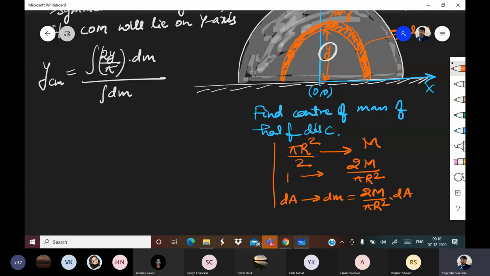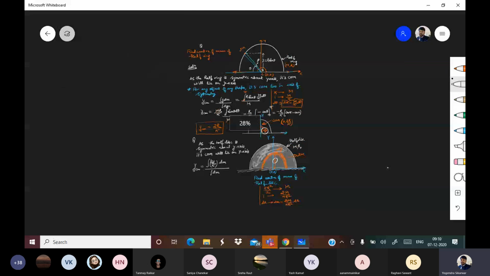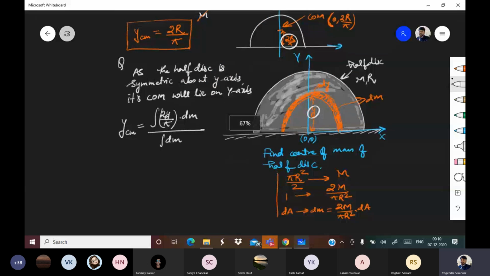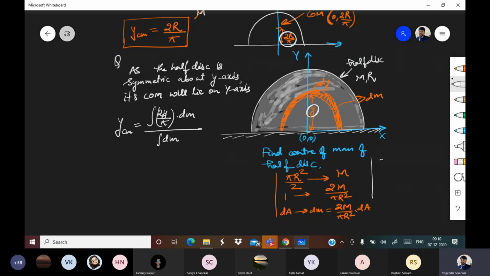Now how much is dA? Let us see that. I am writing here. Everyone please pay attention, what will be the length of this half ring? It will be pi y. Why? Because if this would have been a complete ring, the length would have been 2 pi y, where y is the radius. And how much is the thickness? Thickness is dy.